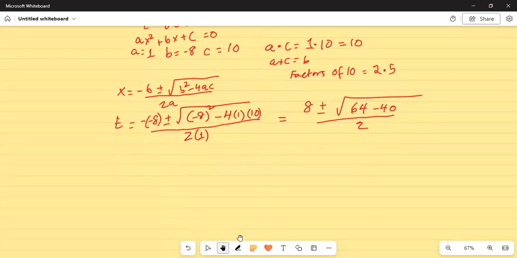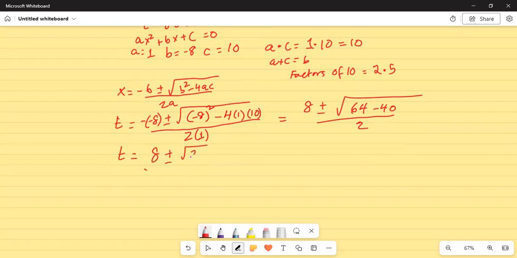So t is equal to 8 plus or minus the square root of 24, divided by 2. Now 24 can be factored as 4 times 6, so it is the square root of 4 times the square root of 6, divided by 2.